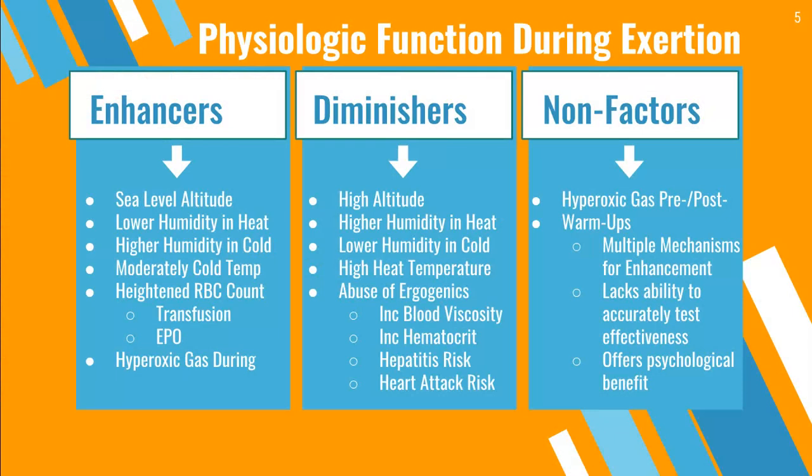Ergogenic aids can also be used to enhance physiologic function. Hyperoxic gases breathed during exertion, blood transfusions, and EPO injections utilize the same pathway to enhance performance via aiming to increase the blood's oxygen carrying capacity. Blood transfusions consist of reintroducing blood into the body that has been previously withdrawn and stored, or via the use of donor blood.